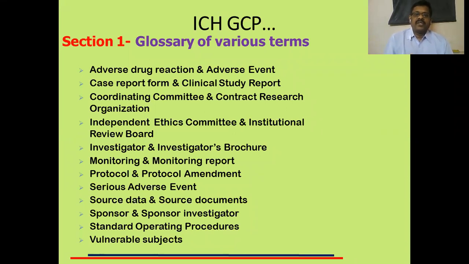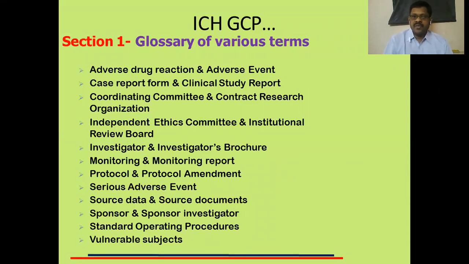Okay. Adverse drug reactions and adverse events. We use these terms. Case report form, CRF, clinical study report, coordinating committee, contract research organization, CRO, independent ethics committee, IEC, institutional review board, IRB, investigator and investigator's brochure. Some will write scientist, some will write expert, subject expert, like that.